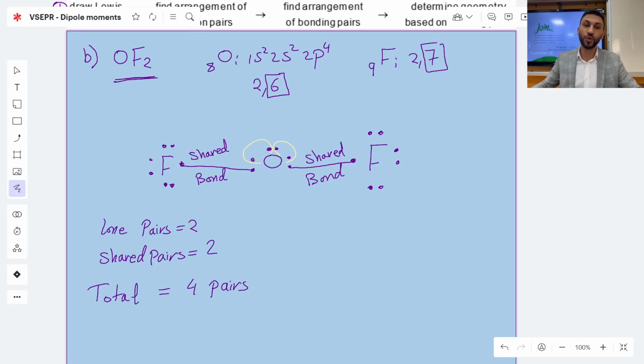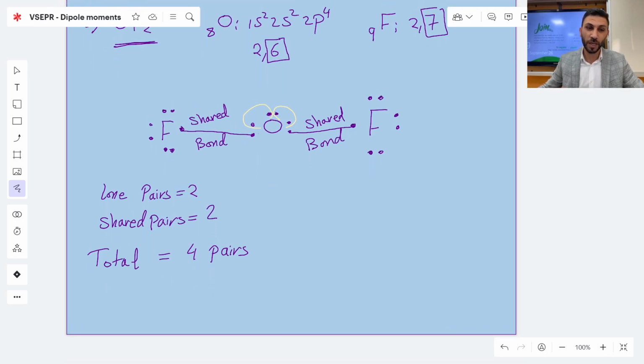And now we need to use the VSEPR model theory in order to predict the shape of this compound. We have lone pairs and we have shared pairs. That means we have 4 total pairs. The hybridization is, because we have 4 pairs, s, p, p, and p, so it's going to be sp3.